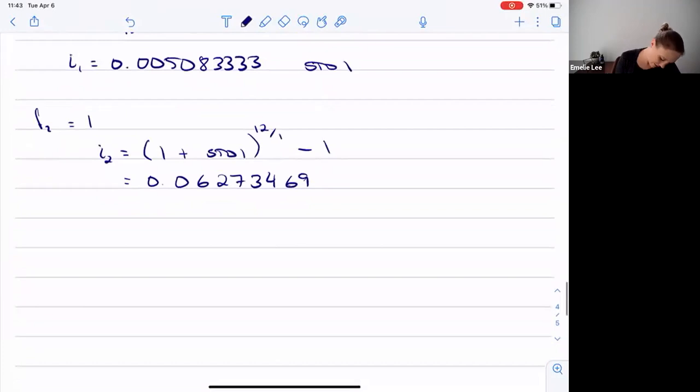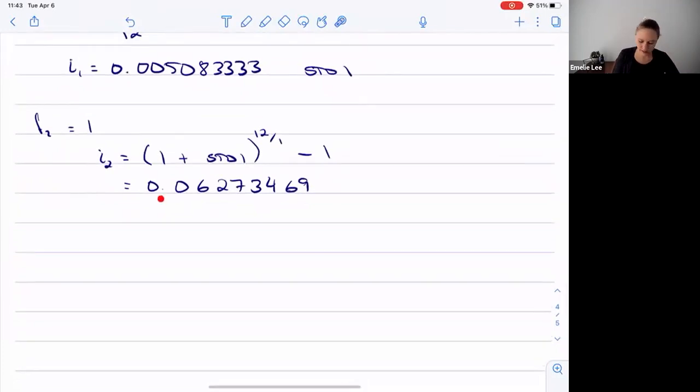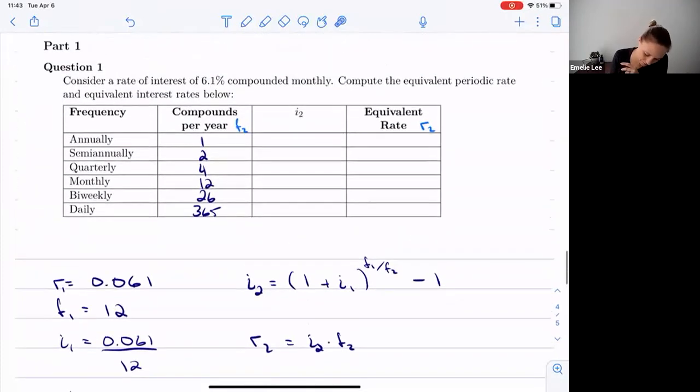So then R2, here, this is what I would enter. I'm just going to copy that down: 0.062733469. And then we said R2 is going to be I2 times F2, so this times this, that times 1.